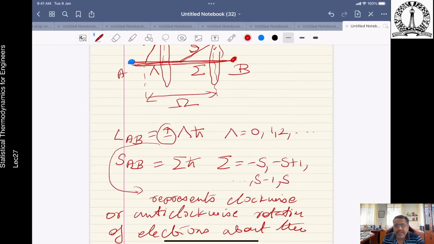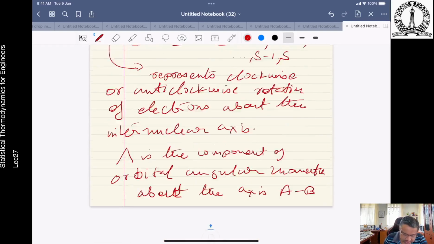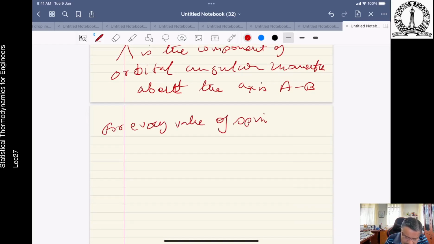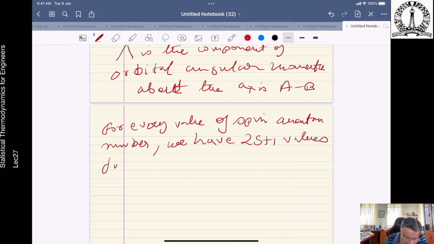Similarly, in the equation for S that we wrote, for every value of spin quantum number, here we have 2S plus 1 values for its component along the internuclear axis.